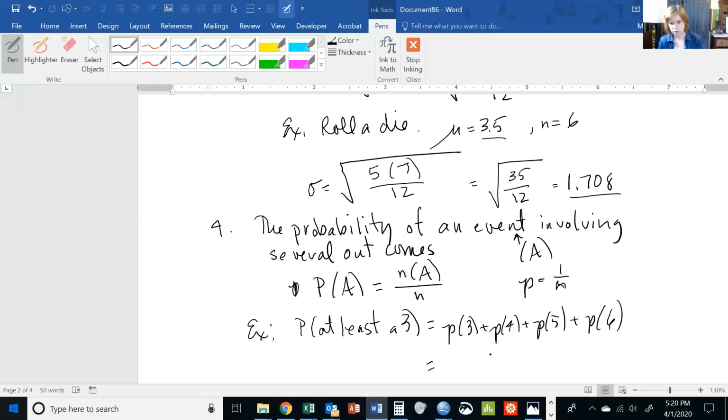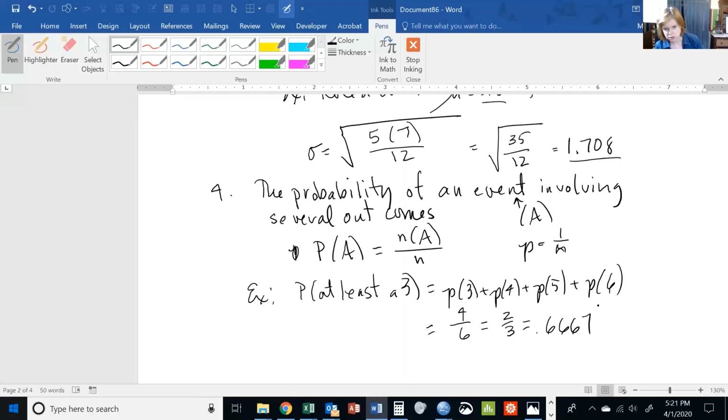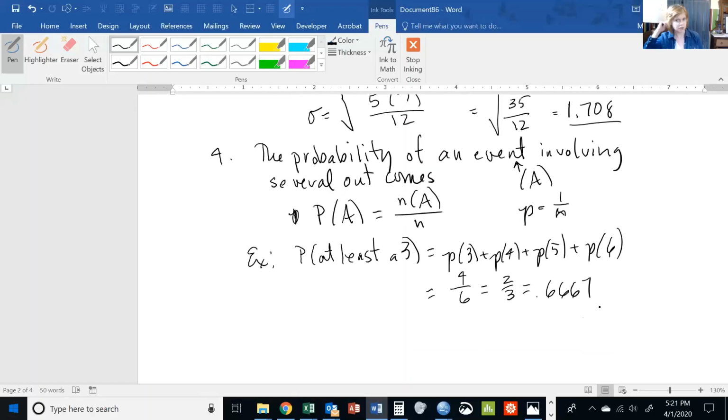There's 4 of those, so that's going to be 4 out of 6, which is 2/3. So 2/3 of the time I would get what I need if I need at least a 3.